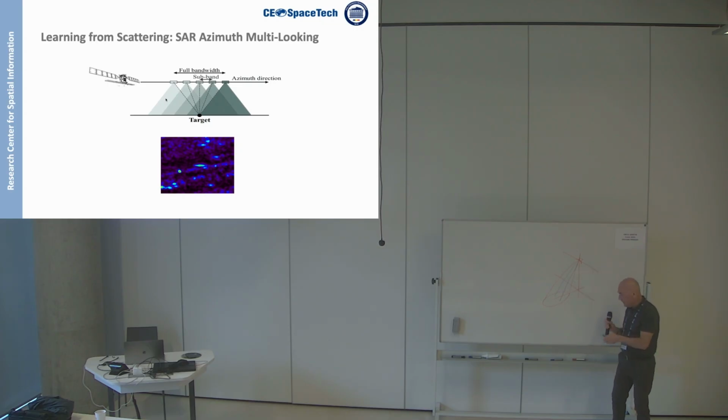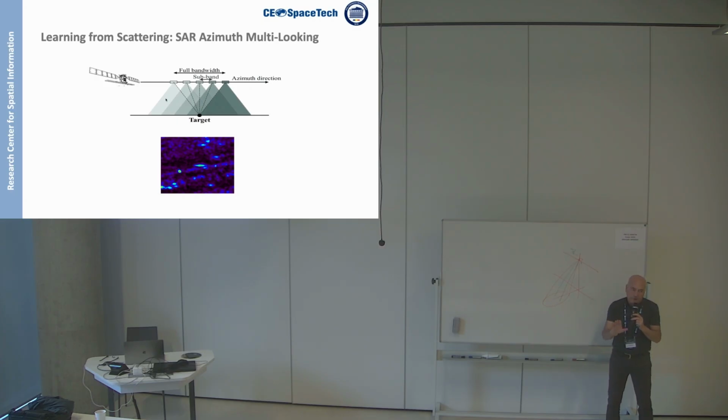Because this platform is moving, it has a certain speed. If I decompose the speed on this direction, I obtain a vector. And if I decompose the speed on the other direction, I obtain another vector. And we know the Doppler effect.